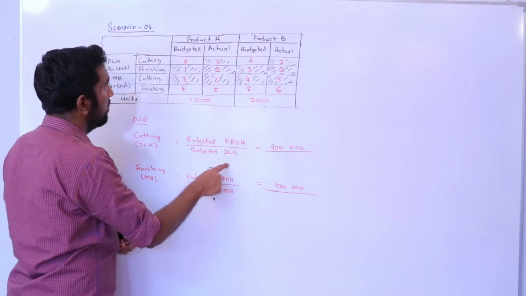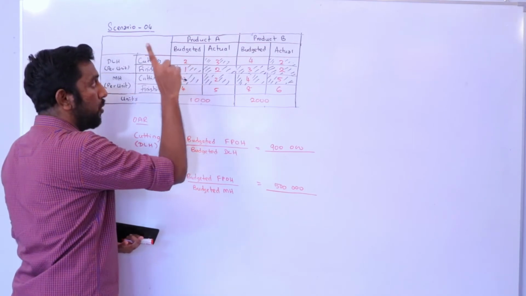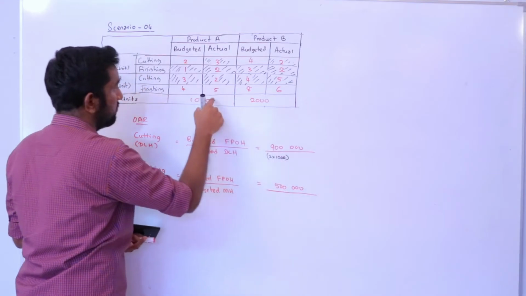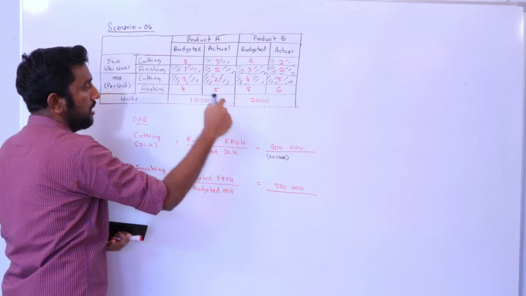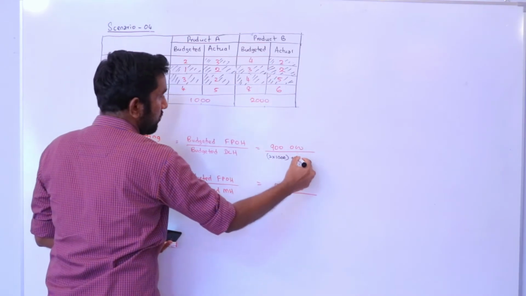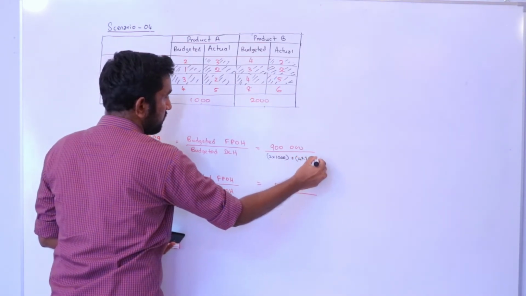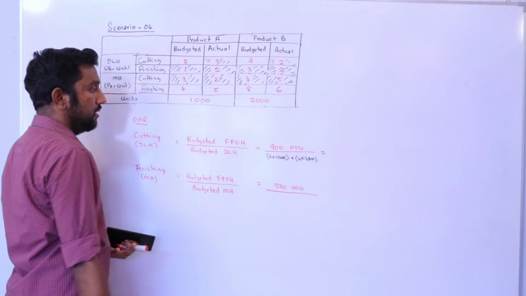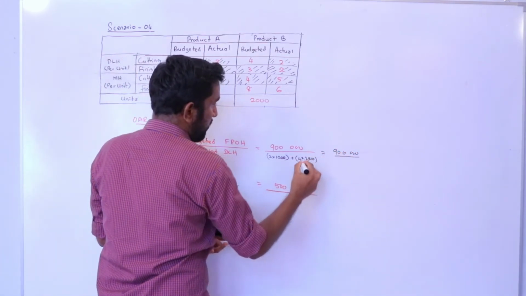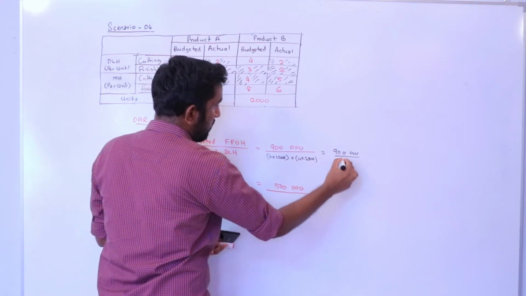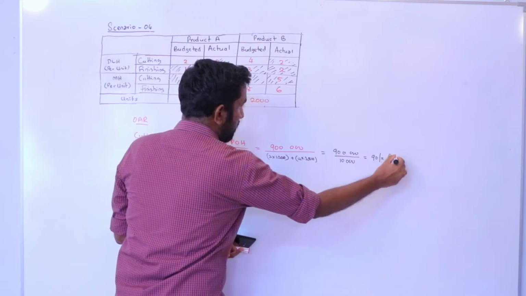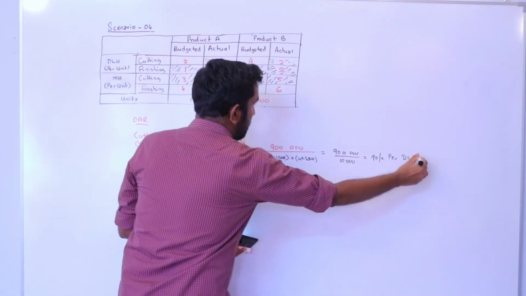Here 2 is the hours for one unit, so A is 2 into 1000, plus I am producing B as well, 4 into 2000. So 900,000 divided by 10,000 gives 90 rupees per direct labor hour.